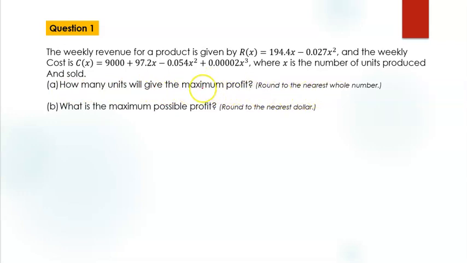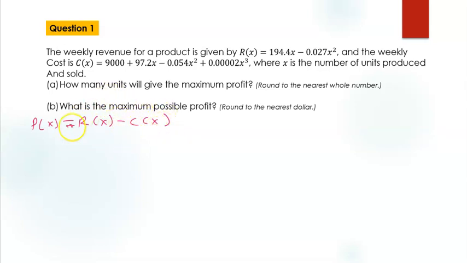So first of all, remember that profit is revenue minus cost. Therefore, our profit, P of x, will be R of x minus C of x.